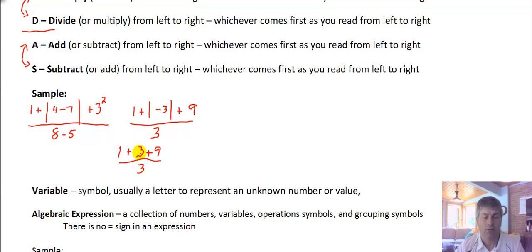And again, we can't do any canceling or simplifying here. We need to add all this together in the numerator first and then divide by 3. So 1 plus 3 is 4, plus 9 is 13 thirds, and that is our final answer. Okay? So there's an example of the kind of thing you would do following the order of operations.